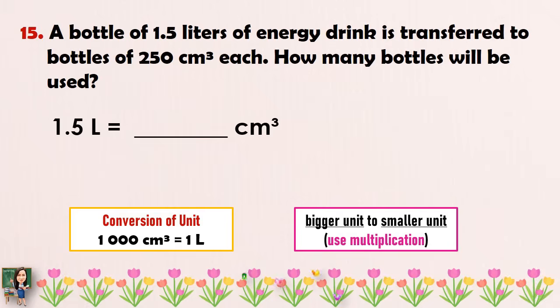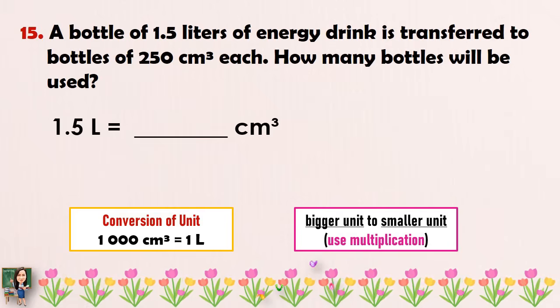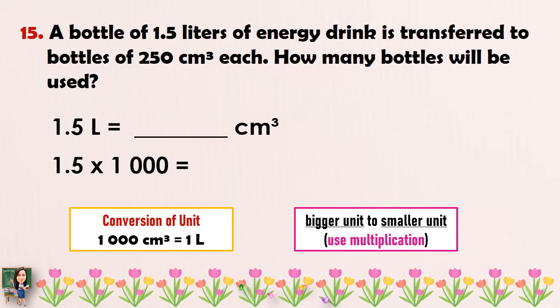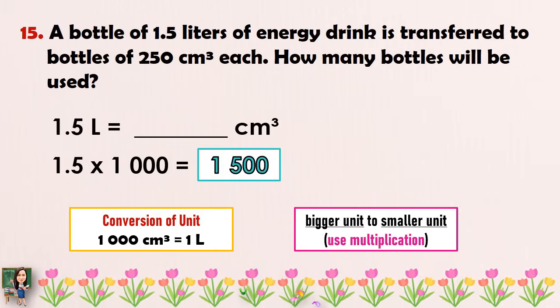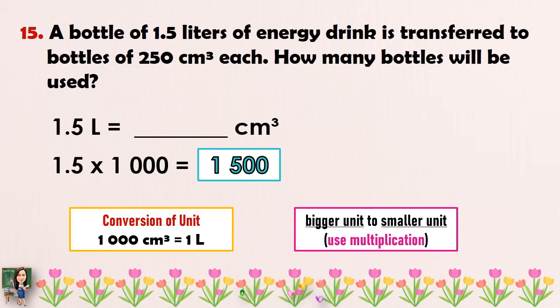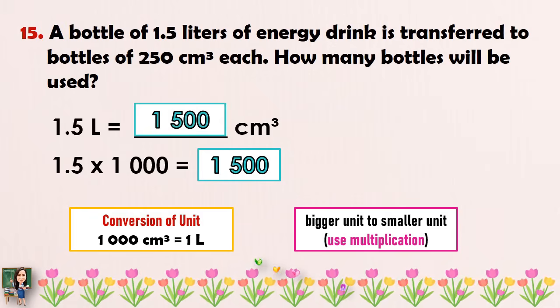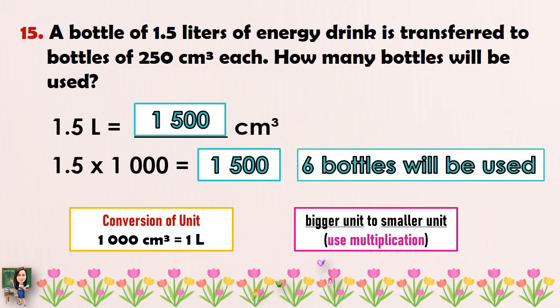To convert bigger unit to smaller unit, use multiplication. So 1.5 times 1,000 equals 1,500. So therefore, 1.5 liter is equivalent to 1,500 cubic centimeter. So 6 bottles will be used.